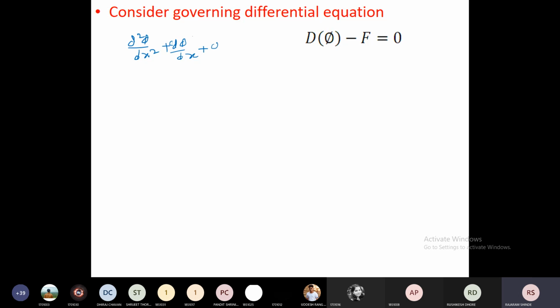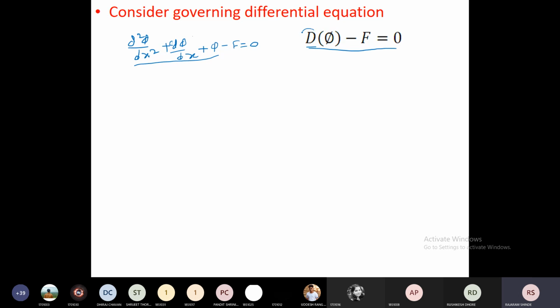Next, phi minus f, this is equal to 0. For all these derivatives and this constant, we have taken this as D. So this is the short form for writing the differential equation.